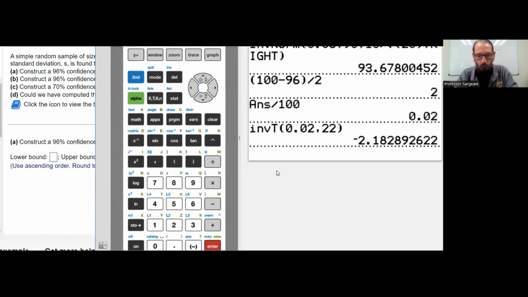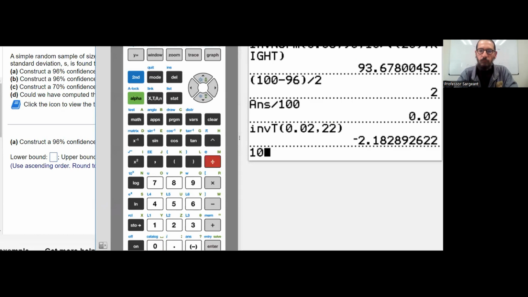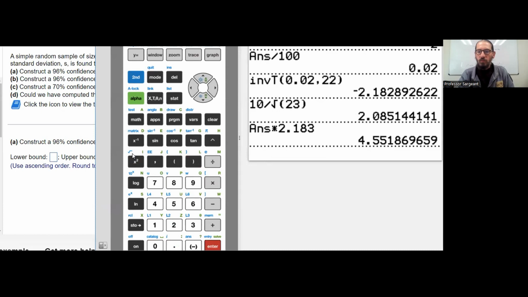So what do we do with that 2.183? Well, I believe the term is standard error: the standard deviation 10 divided by the square root of the sample size. That gives us our standard error. If we multiply that answer by the t-value, that's our margin of error.